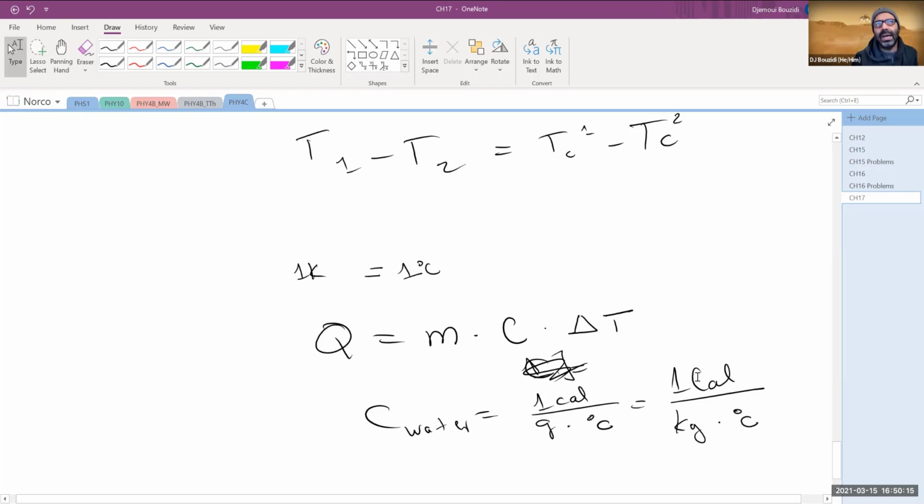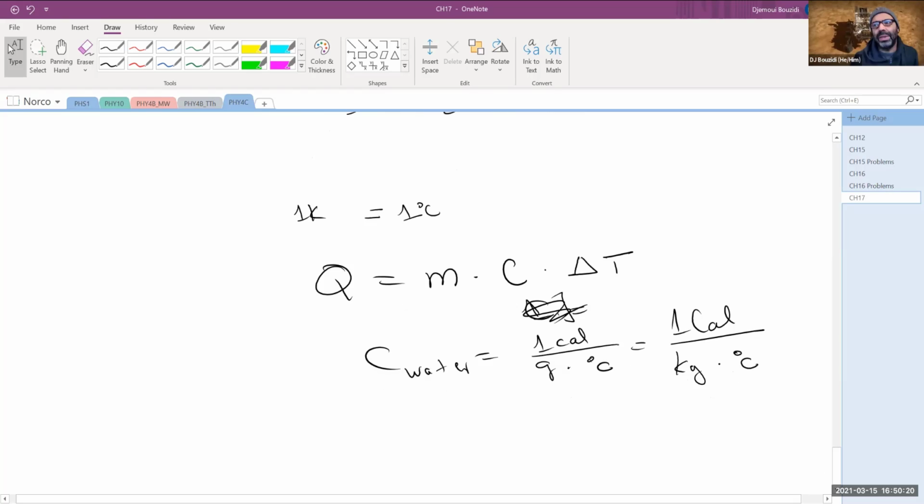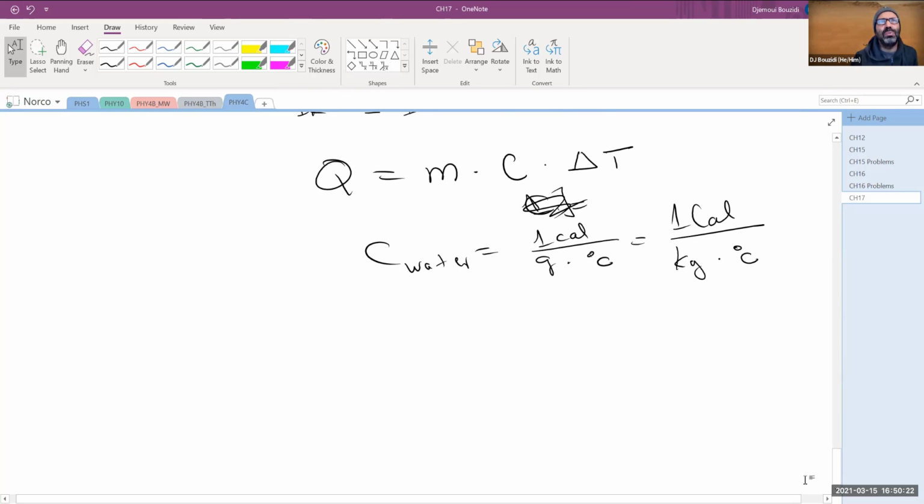Lowercase c, capital C, gram and kilogram in there. So this is the specific heat of water. The specific heat of iron must be a lot less than that of water, because you don't need that much heat to raise its temperature by 1 degree. So it takes heat more easily than water. So water has an unusually high specific heat.